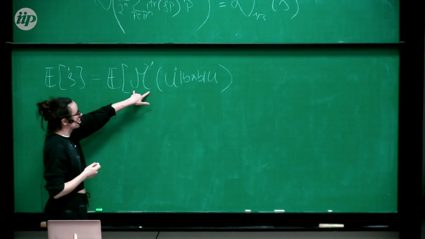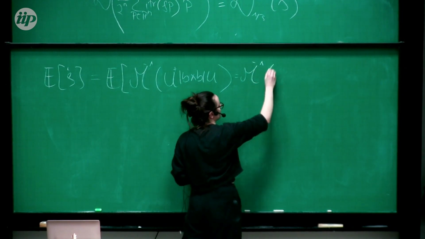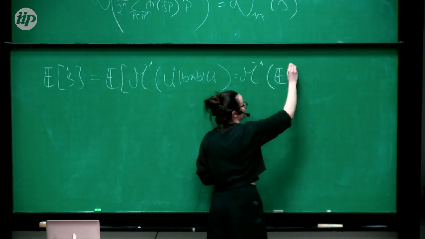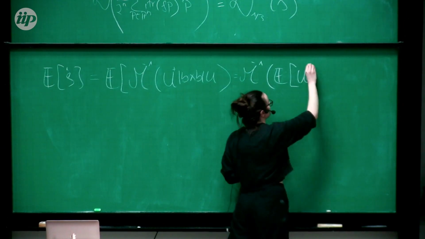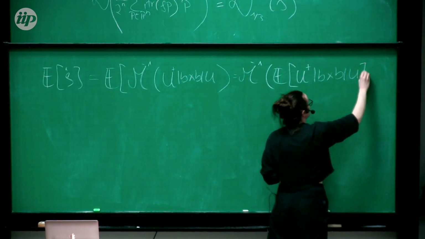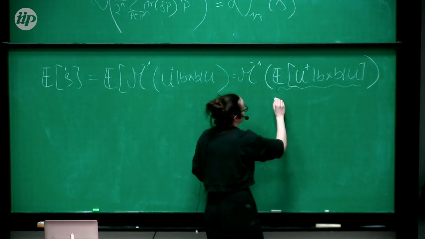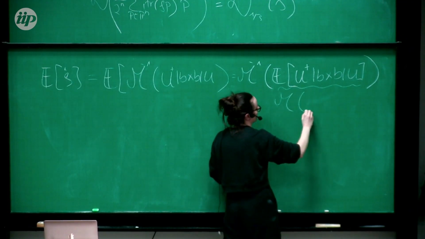And because this is a linear function, we can pull it in, of U dagger |b><b| U. And this here is actually our measurement channel acting on rho.